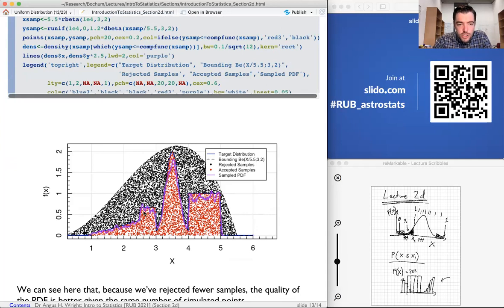And because we reject fewer samples, the actual quality of the PDF improves for the same number of random realizations, because the number of random realizations is not the same as the number of accepted samples. Right? So we're generating 10 to the 4 random realizations, but a good fraction of those get thrown out. So how good your acceptance is will directly relate to how high quality, how high fidelity the final PDF is.